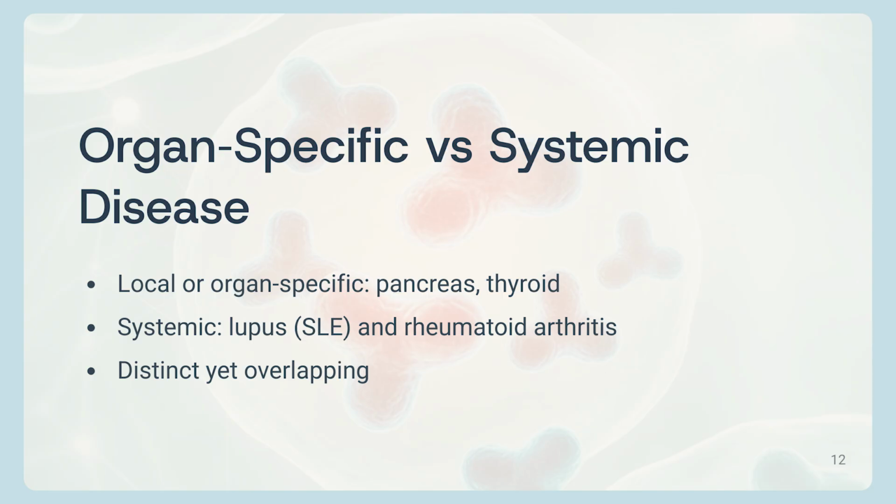Systemic autoimmune diseases, on the other hand, involve multiple organs, multiple tissues throughout your body. Conditions like systemic lupus erythematosus, SLE, and RA, rheumatoid arthritis, fall into this category.